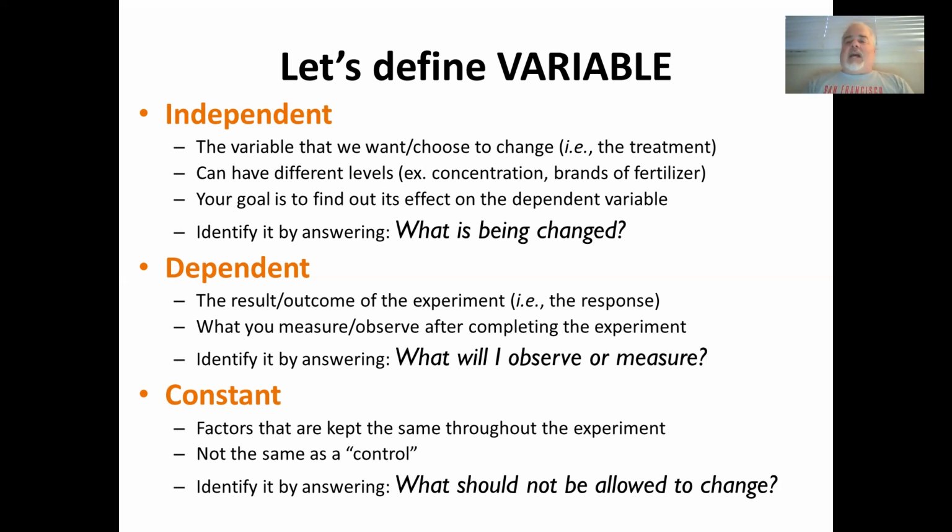It's just not possible. And so we try to keep things constant, but there's something called experimental error, which is those things we're trying to keep constant, but we can't.